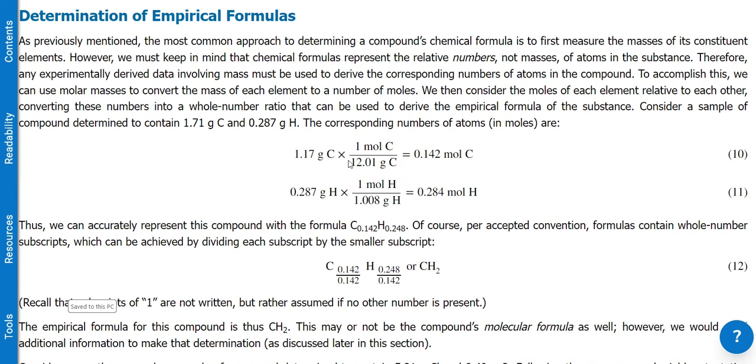The other form of it is you start with the percent composition and you find the number of grams. If we're given that it has 1.17% carbon by mass and so on, it'll add up to 100.